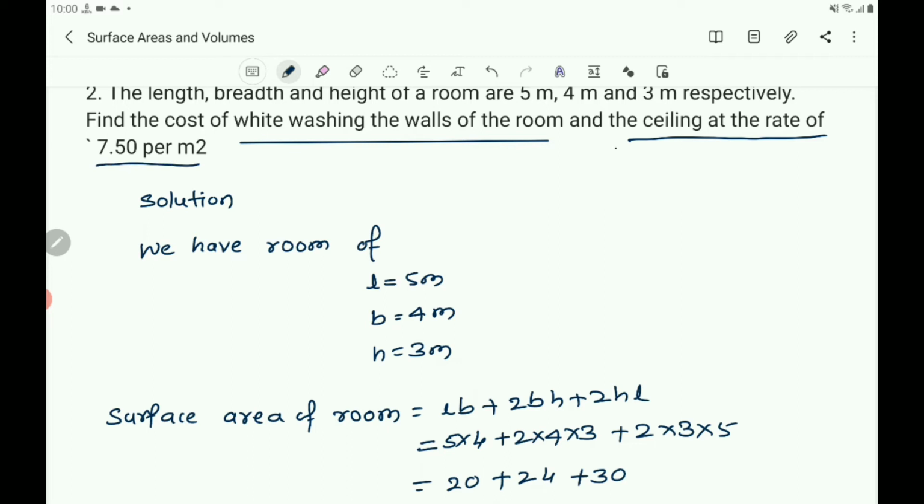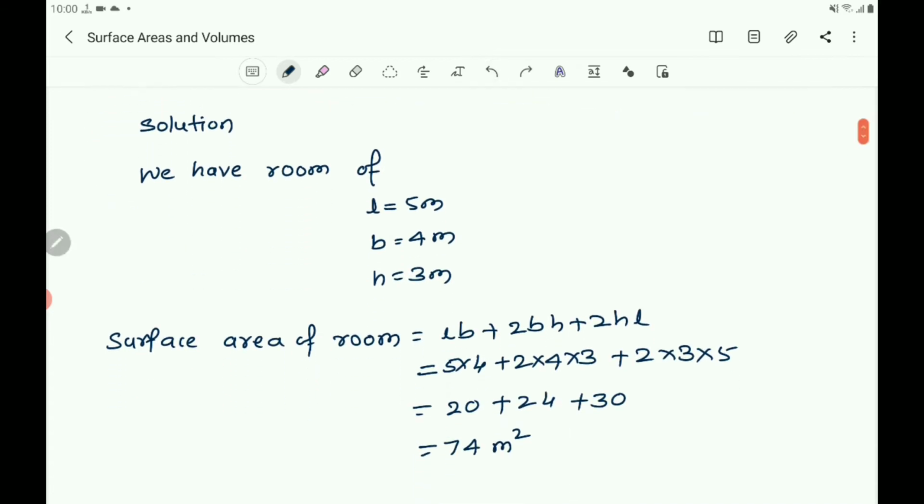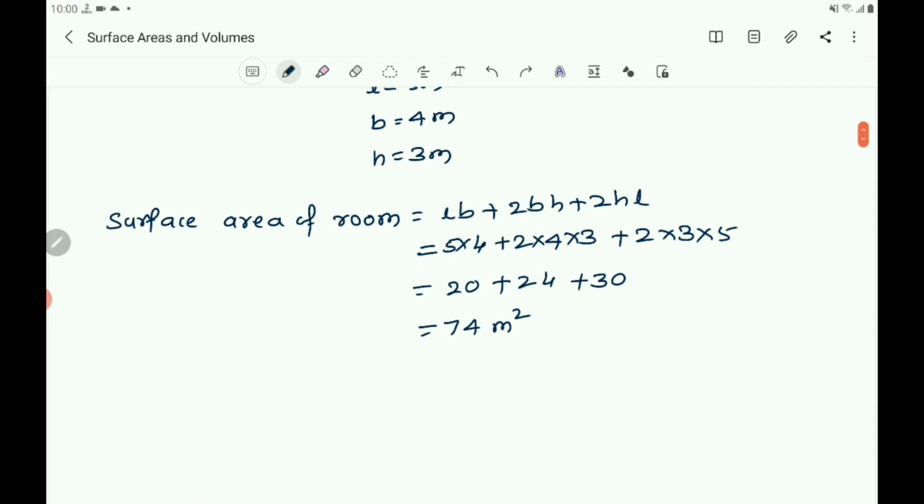The rate of whitewashing is 7 rupees 50 paise per m square. Then you write total cost of whitewashing.